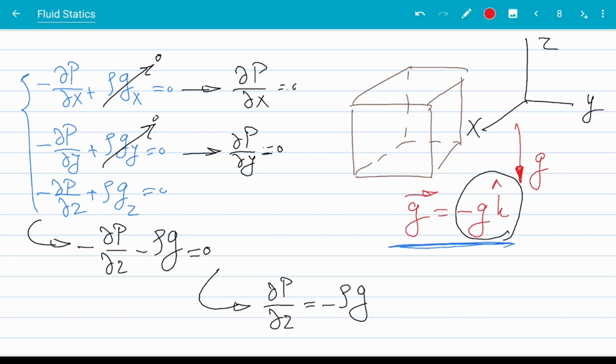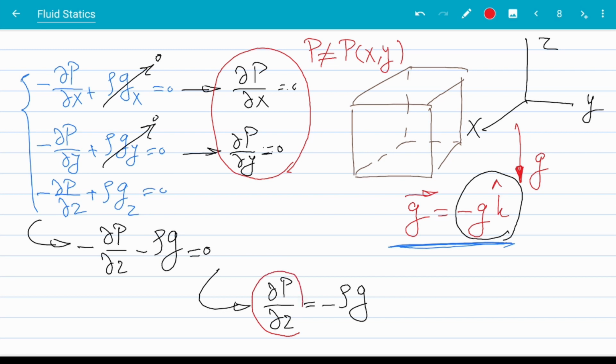Back to our previous conclusion, we concluded that because of these 2 equations, p is not a function of x and y. With that condition in mind, I can change the partial differentials to ordinary differentials and conclude that dp dz is equal to negative rho g.